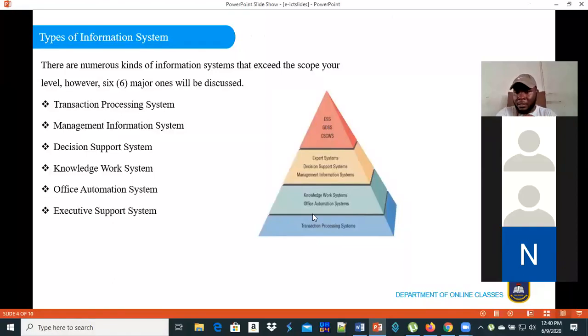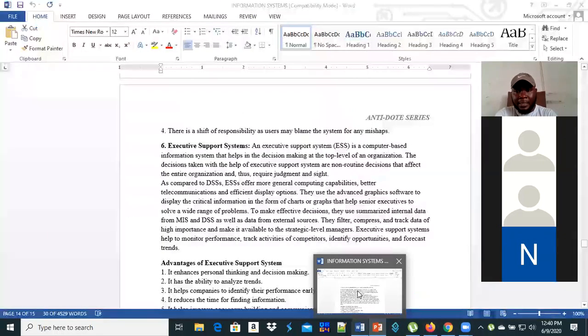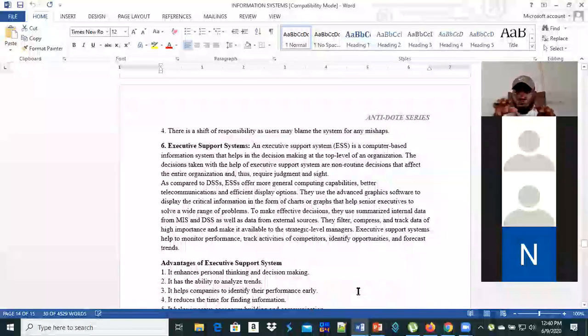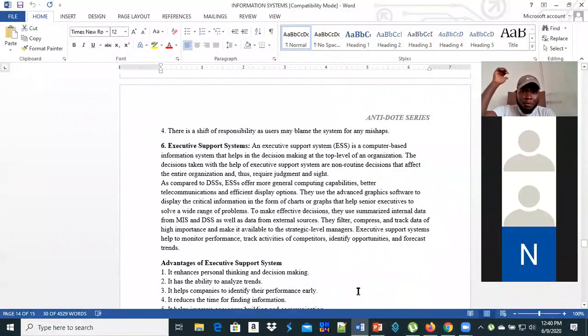Judging from this diagram, you could tell that those at that level are the people at the apex of the organization. They take decisions that can make and then unmake the company or the organization.